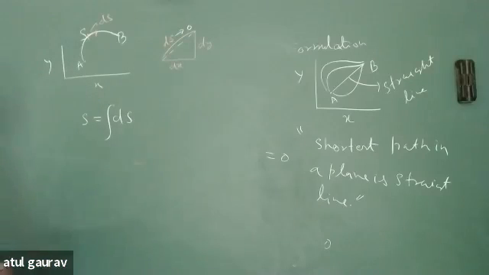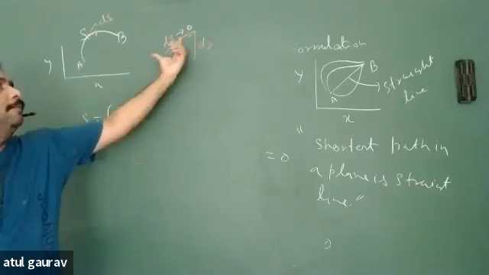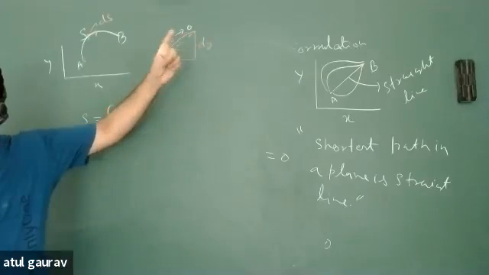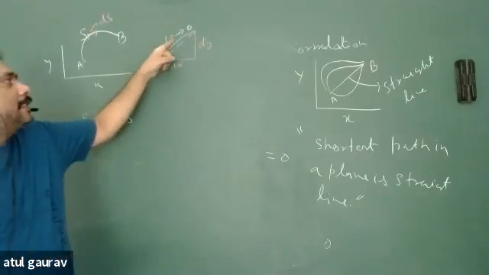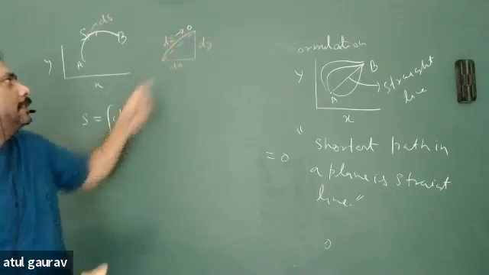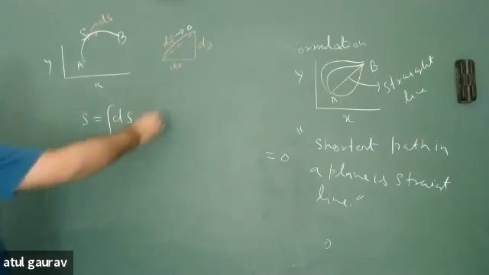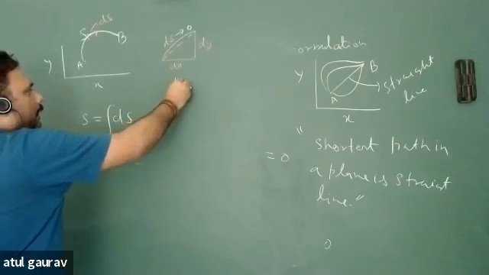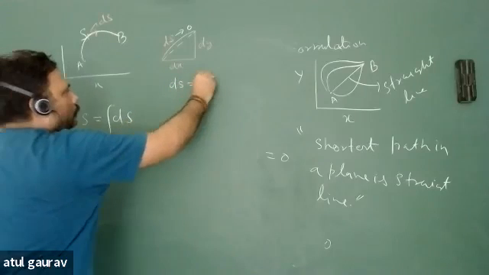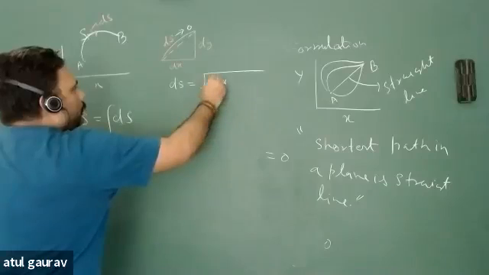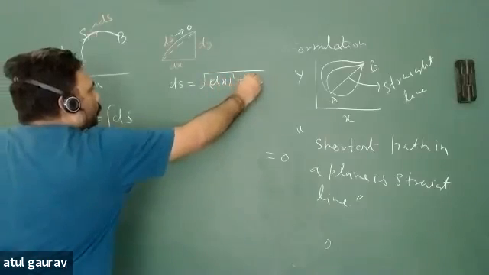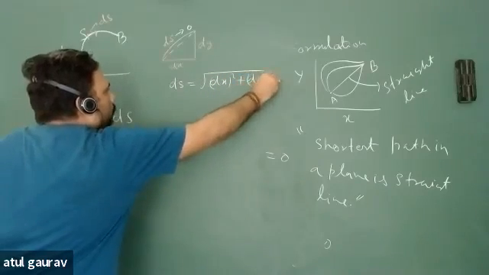I have made it much bigger so that you can visualize it. Mathematically, I can write ds is equal to root under dx square plus dy square.